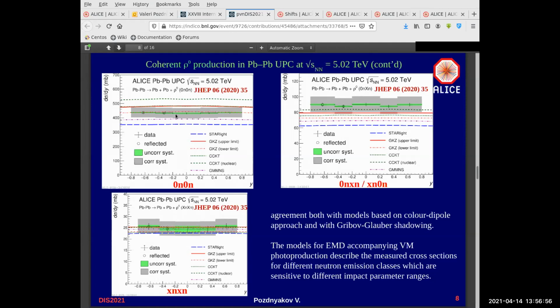So you can see the comparison with the models, which now include electromagnetic dissociation. And as you can see, again, our data are limited by systematic uncertainty. Unfortunately, it's unavoidable.